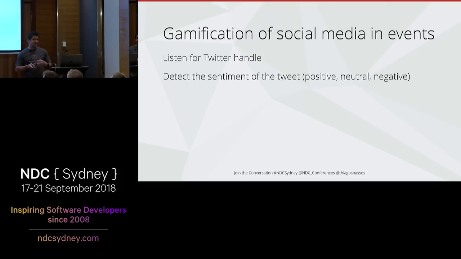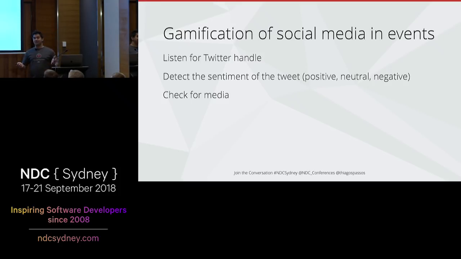And what I'm going to do is detect the sentiment on that tweet. I'm going to use cognitive services to detect the sentiment on the text, right? And that's going to give me back a score from 0 to 1, where below 0.3 is negative, 0.3 to 0.7 is neutral, and 0.7 to 1 is positive, right? So I'm going to ditch all the neutral because I just care about the happy tweets, right?